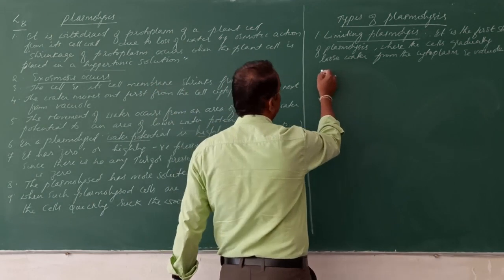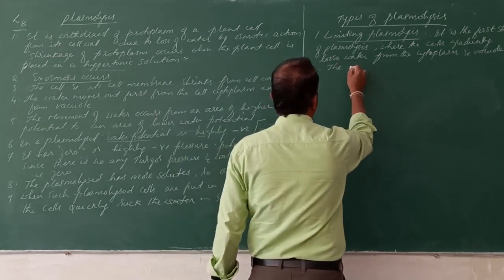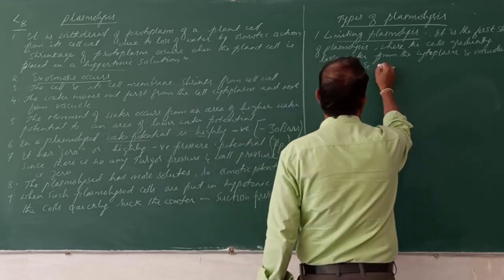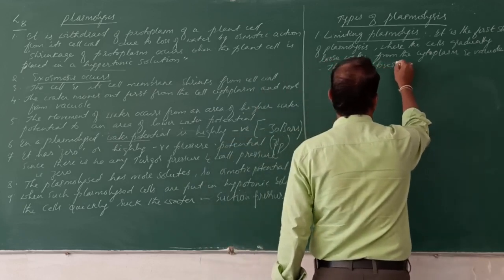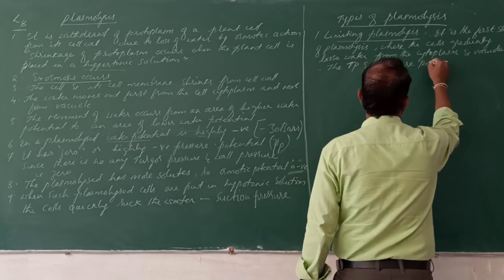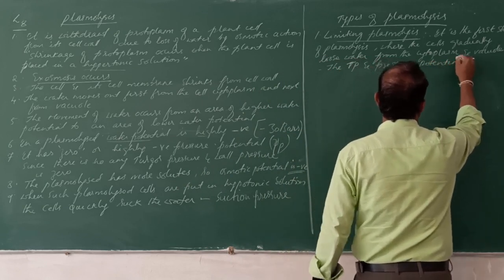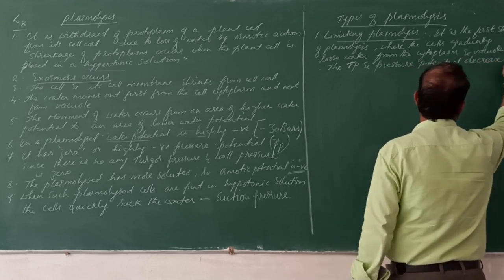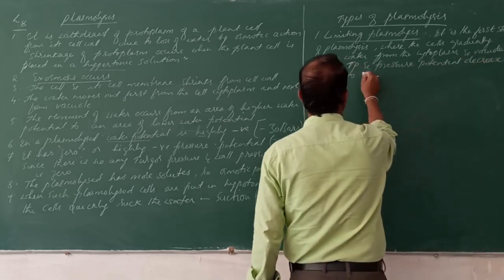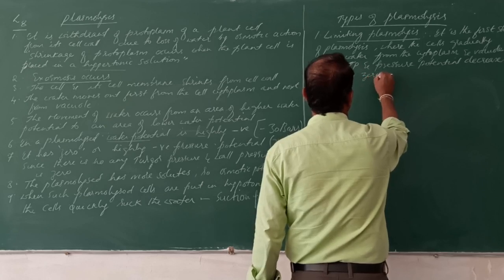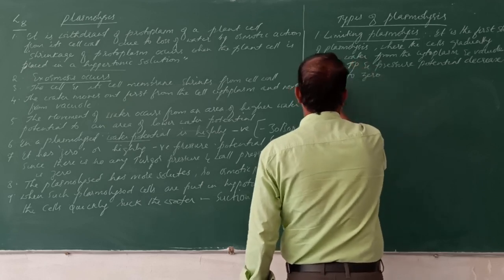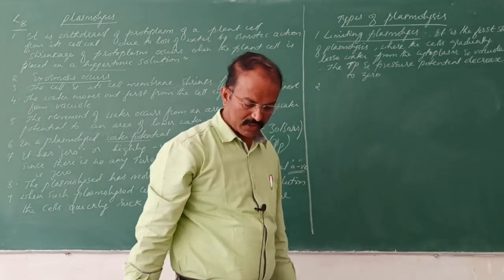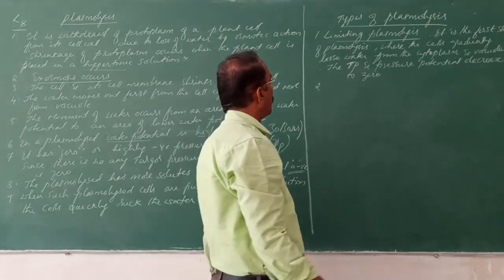So in limiting plasmolysis, the turgor pressure, Tp means turgor pressure, and the pressure potential decrease to zero.